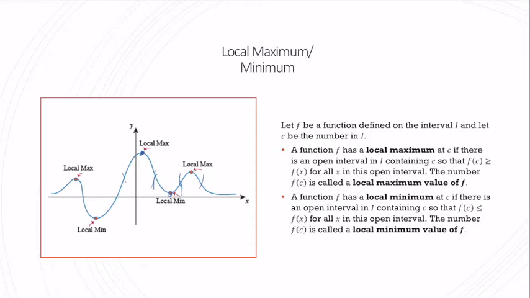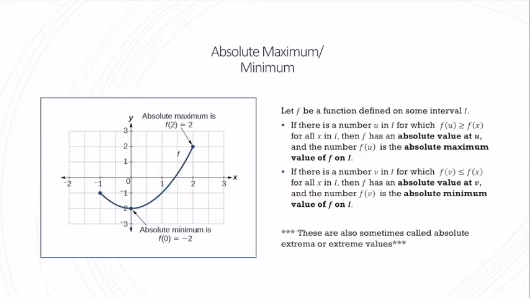You can have multiple local maximums and minimums. Absolute minimum and absolute maximum are a little bit different. Absolute minimum is going to be the smallest number on the entire graph. These are sometimes called absolute extrema or extreme values. And the absolute minimum is going to be our smallest value on our graph.